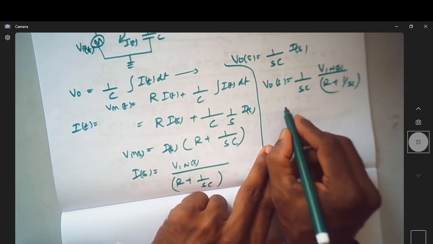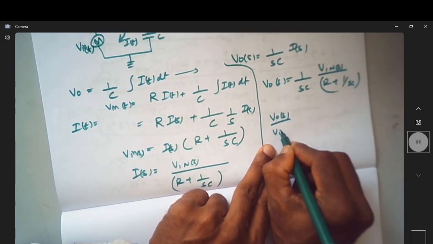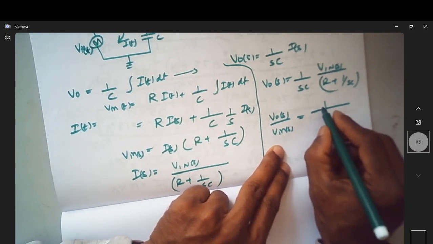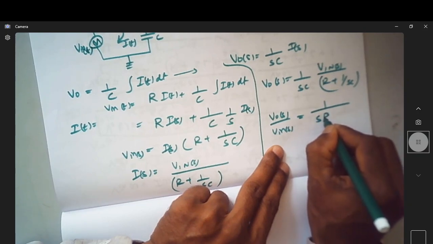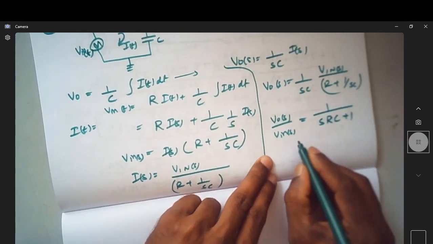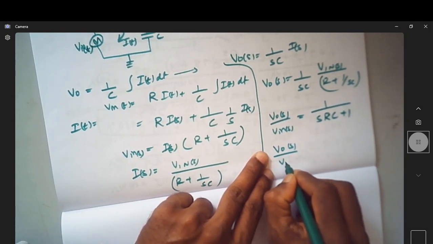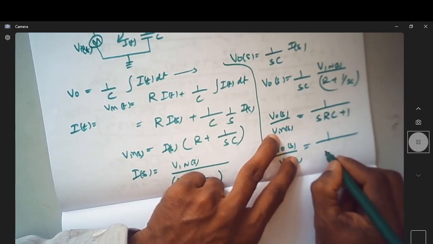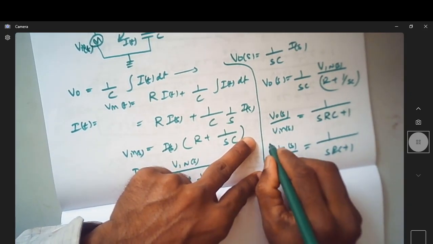Can I write V0 of s by V in of s as equal to 1 over SRC plus 1? So this is my transfer function.